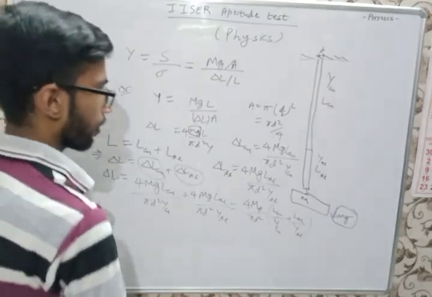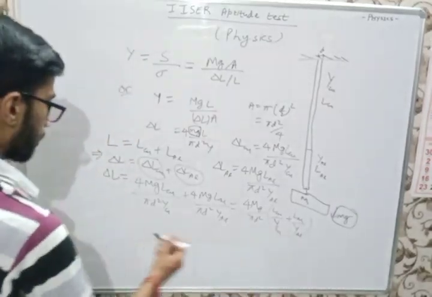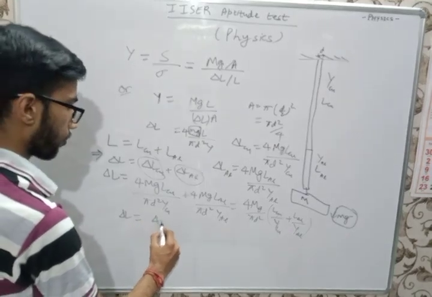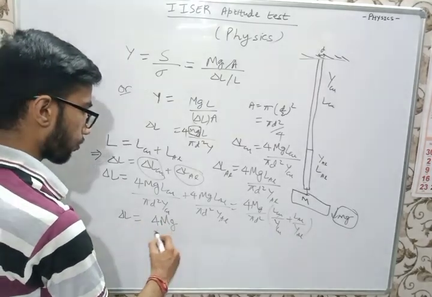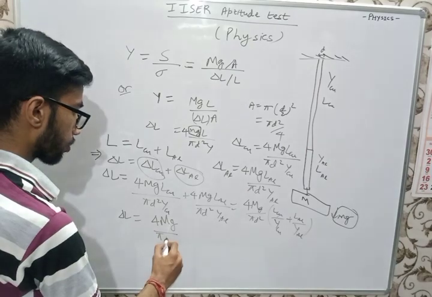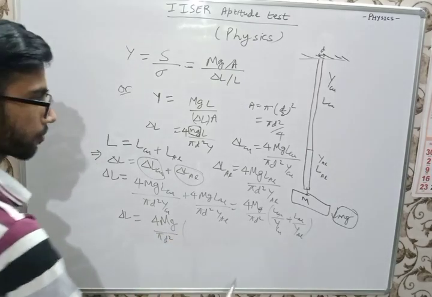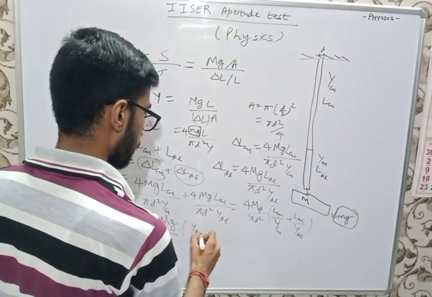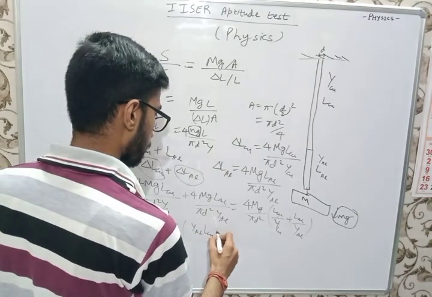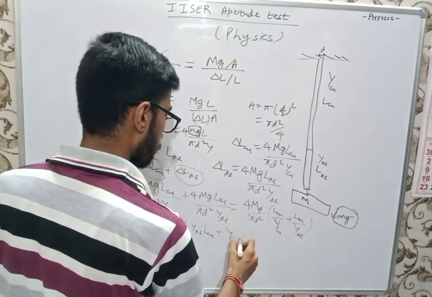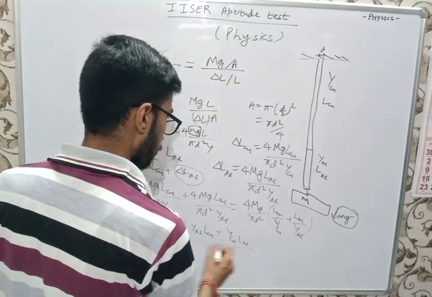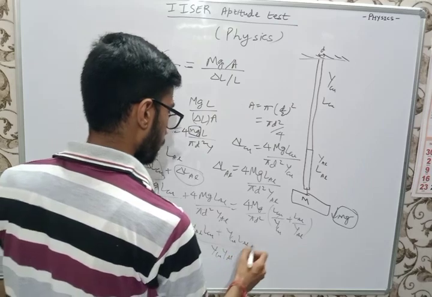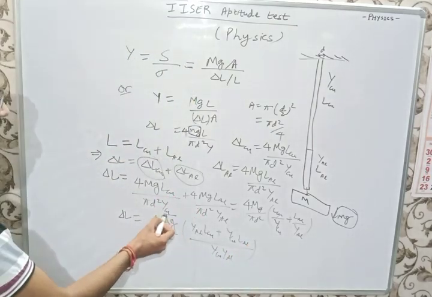Simplify this here, and you will get delta L equal to 4 mg over pi d square times (Y_Al L_Cu plus Y_Cu L_Al) over Y_Cu Y_Al.